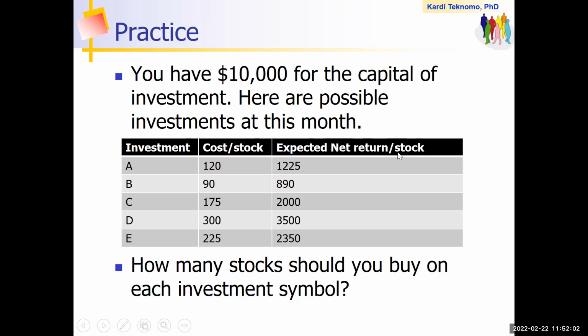Suppose you have $10,000 capital, and these are the possible investments this month. Investment A costs 120 per stock, and based on your analysis you expect to get 1225, and so on. The question is, how many stocks will you buy for each investment?